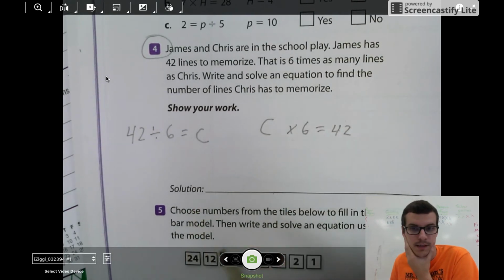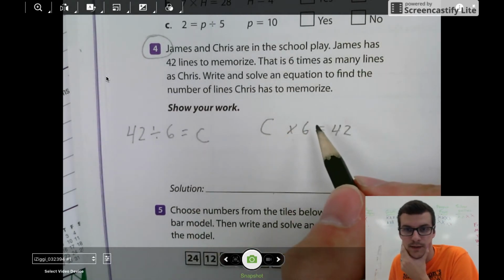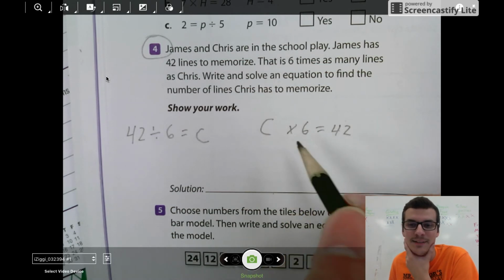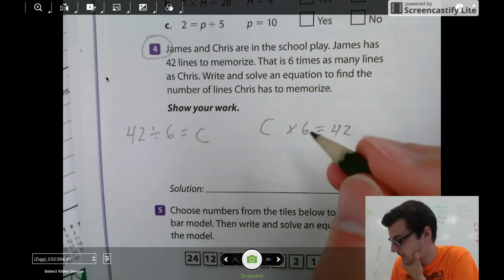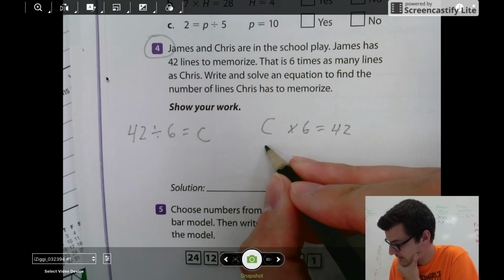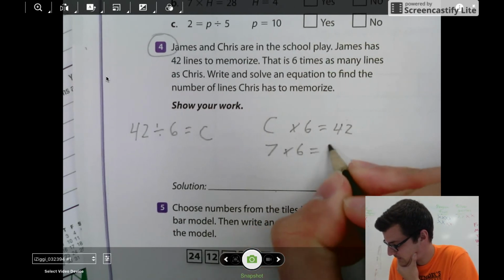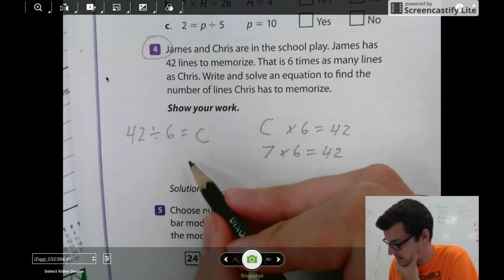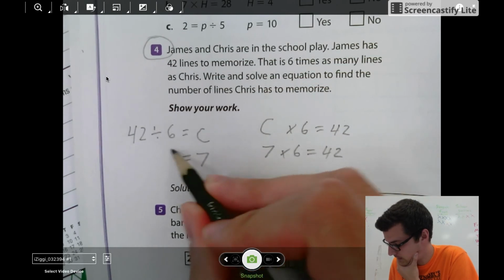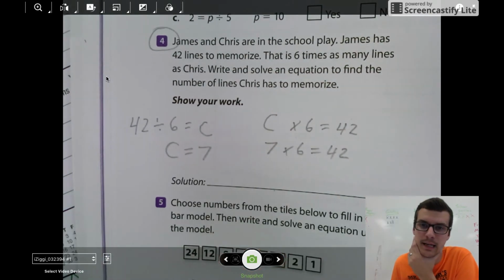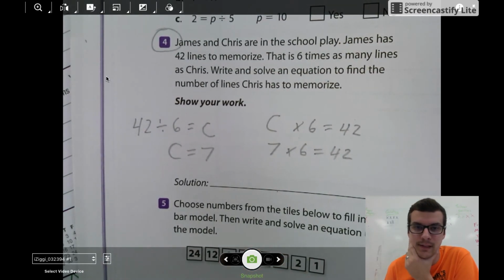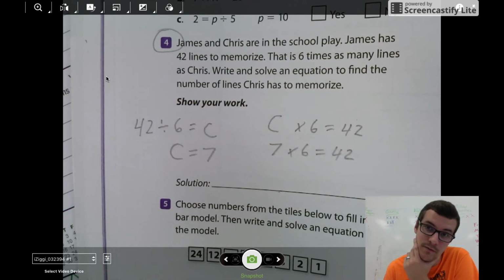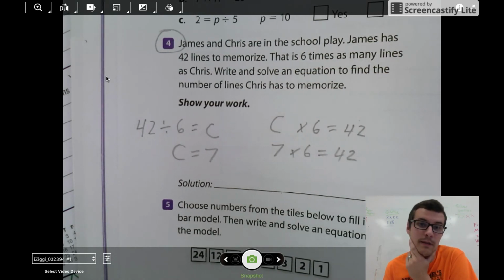And I could ask myself, what times 6 equals 42? A spoiler alert there. So that's going to be 7 times 6 equals 42. Or 42 divided by 6 would be 7. So C would be equal to 7. So Chris only has 7 lines. So that's a way that we could use multiplication or division to help us solve that problem.